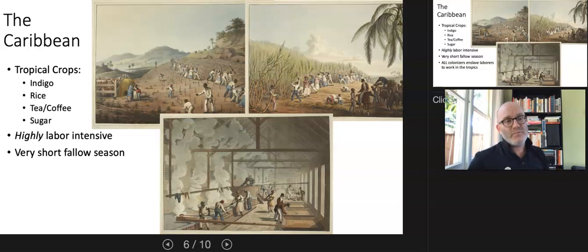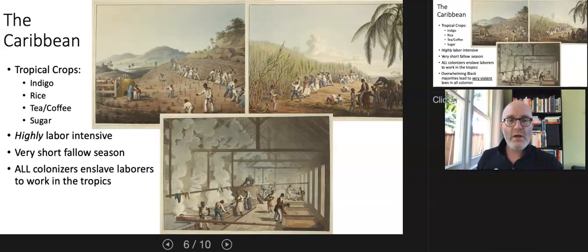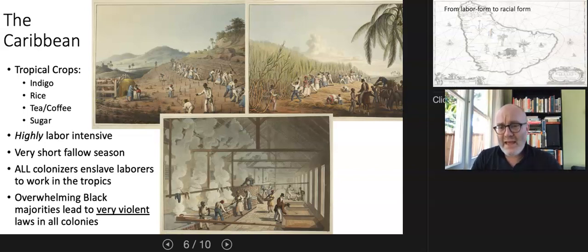So this tropical environment lends itself to the development of enslaved labor, right? Of bringing over enslaved laborers to work in these tropical conditions. So much so that you get Caribbean colonies with overwhelming black majorities. I mean, Barbados is 90% black.